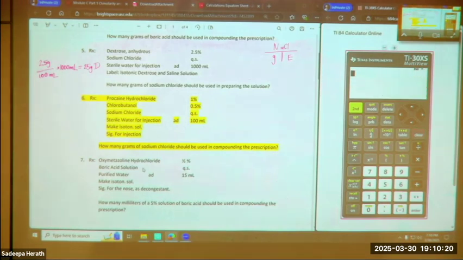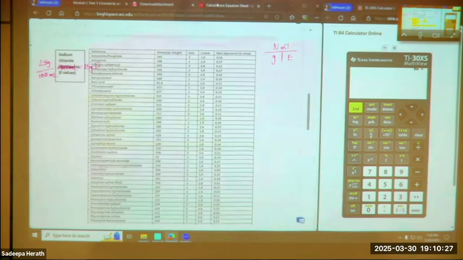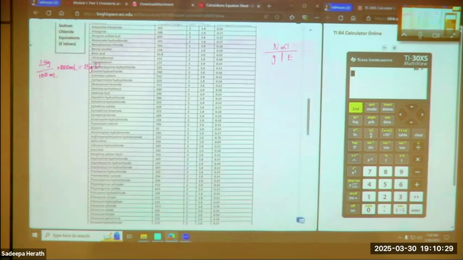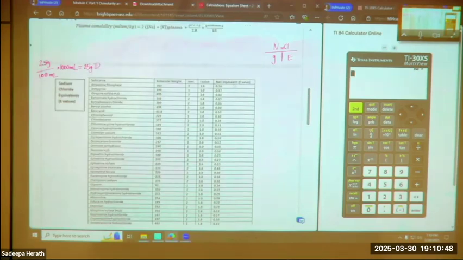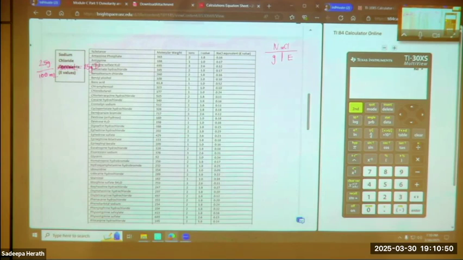Thankfully, we are given a chart. And according to this chart, for anhydrous dextrose, by the way, we go down here, dextrose. See how it says it's anhydrous and this dextrose H2O. So it's dextrose that hasn't been dried out yet. That's what that dextrose H2O means. Anhydrous means it's already dried out. So the E value, NaCl equivalent, for anhydrous dextrose is 0.18.